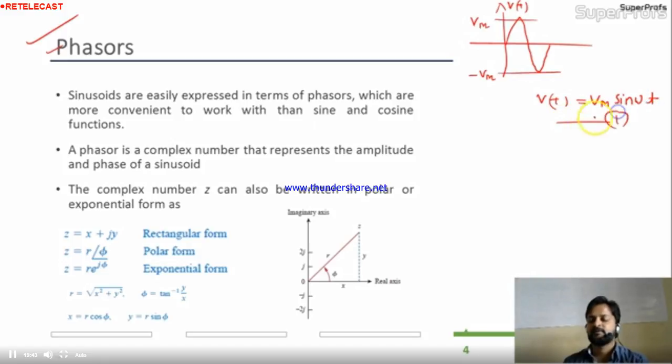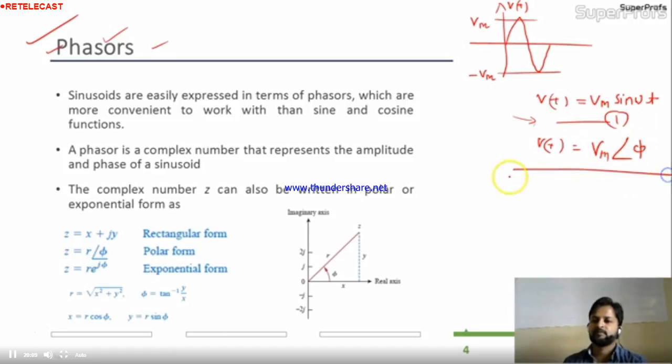This is the sinusoidal waveform representation. But now we have phasors, where we convert this form directly into phasor form, and the phasor form says v(t) is Vm angle phi, that is, the phase angle.